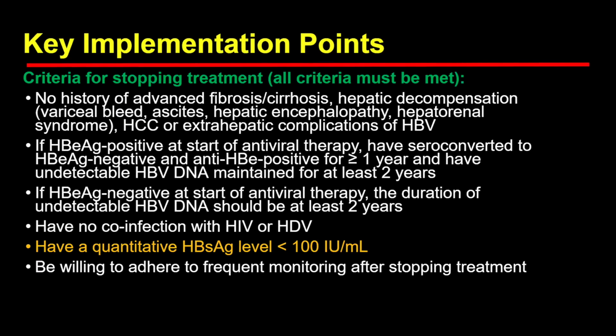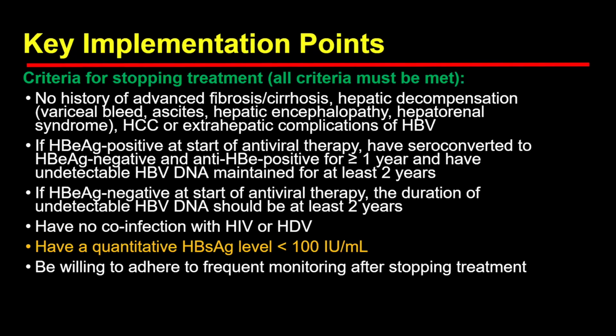There should be no history of advanced fibrosis, cirrhosis, hepatic decompensation, or cancer. If persons were E positive at the start of antiviral therapy, they should have undergone E seroconversion for at least 1 year and have an undetectable DNA that's maintained for at least 2 years. If the person was E antigen negative at the start of antiviral therapy, the duration of undetectable DNA should be a minimum of 2 years.